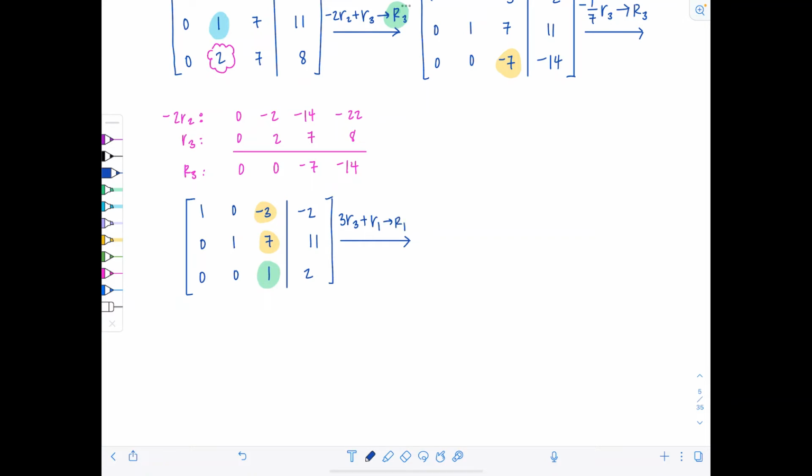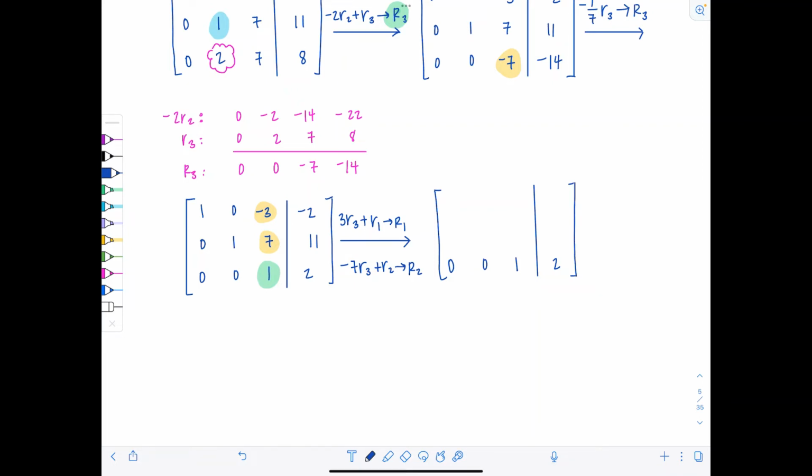That's my new row 1. And negative 7 times row 3 plus row 2 would be our new row 2. Okay, so the only row that's not changing is row 3. So we've got 0, 0, 1, 2.